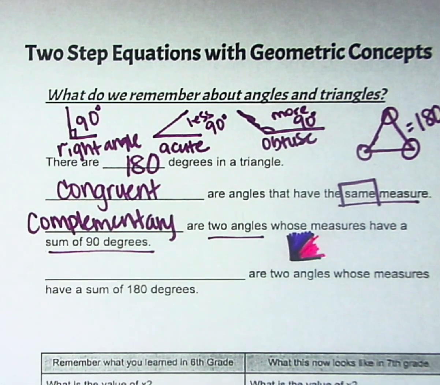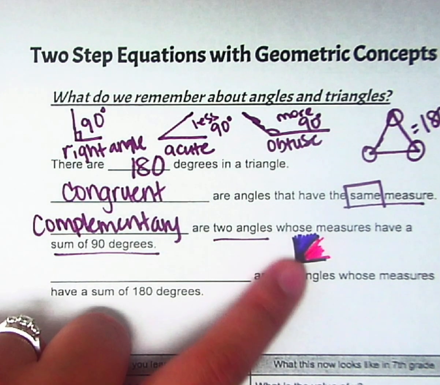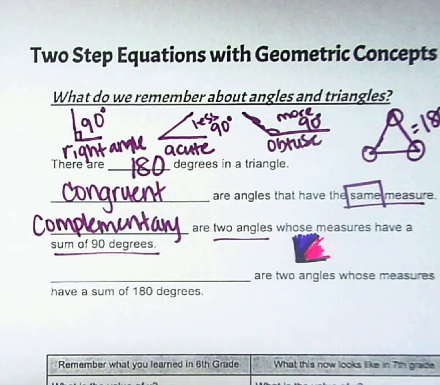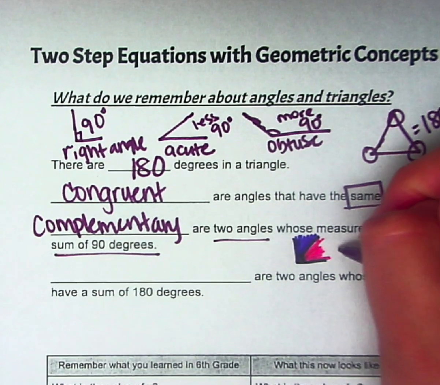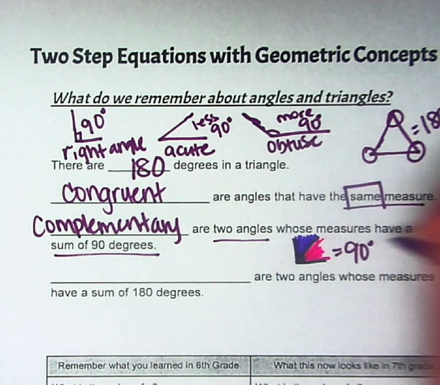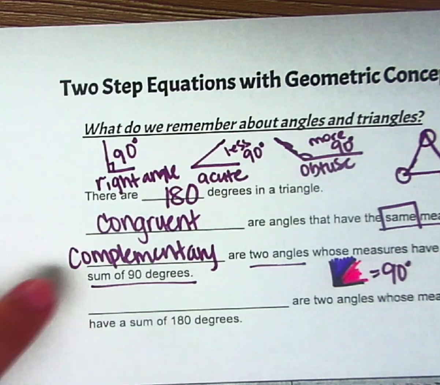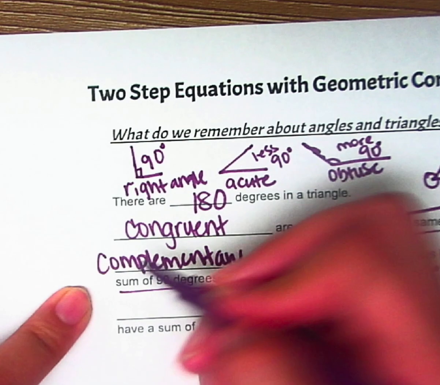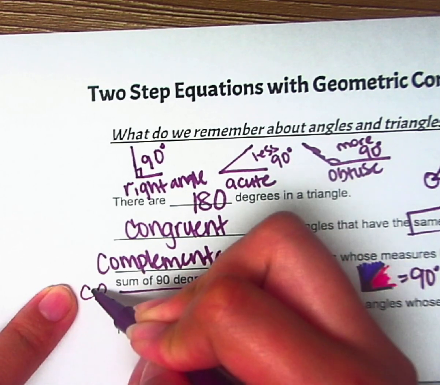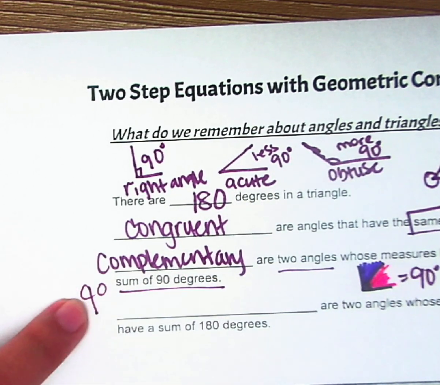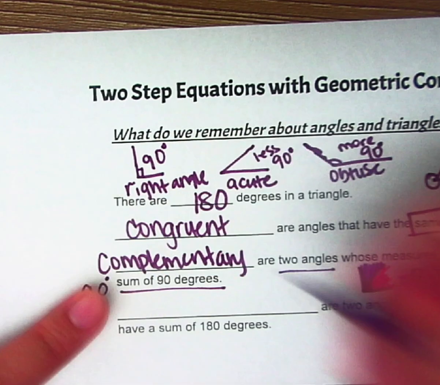So they kind of complement each other. These two colors represent angles, and they are going to equal 90 degrees. One way you can remember that is the first two letters, CO, if you draw a corner, that's 90. That's one way you can remember that.